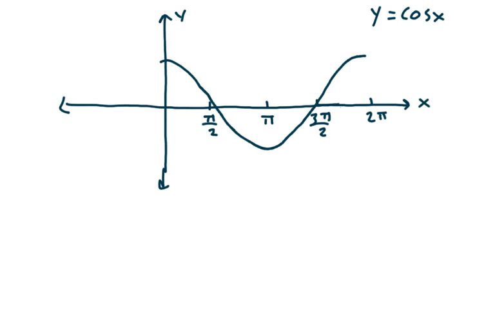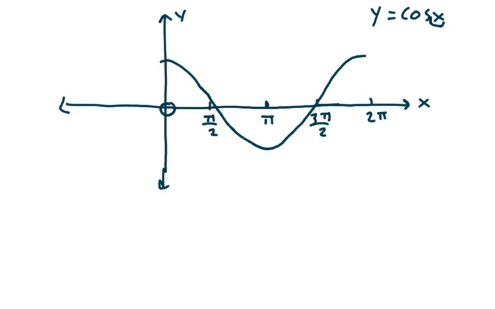Now, what I want to do is focus my attention from 0 to pi. Remember, we're just dealing with x, not x over 2 yet, so keep that in mind. If x goes from 0 to pi over 2, can we agree that the corresponding y value is non-negative?